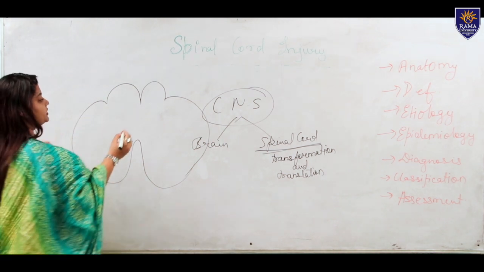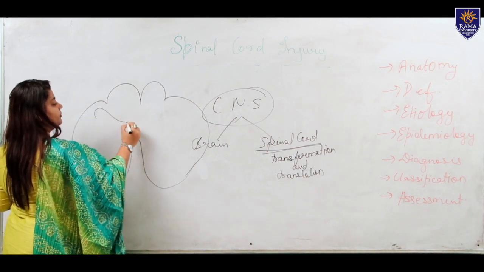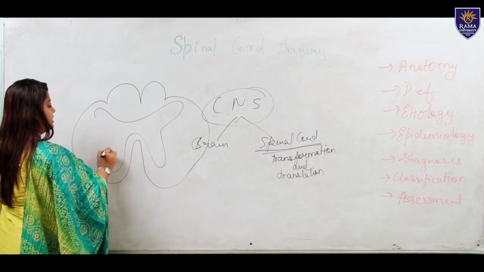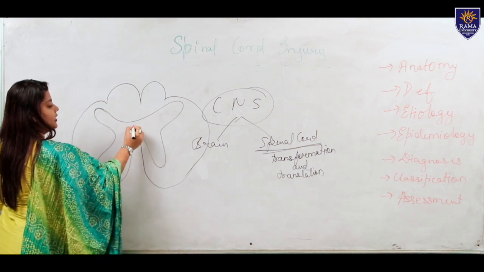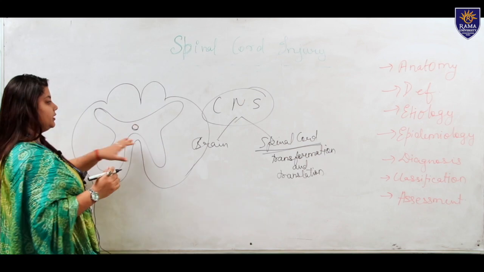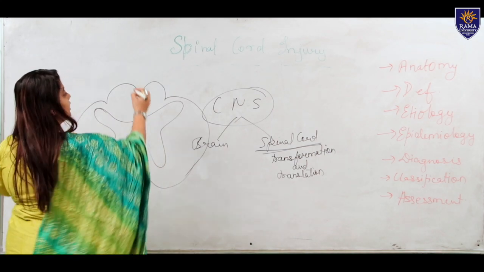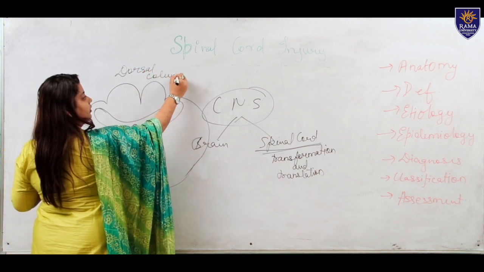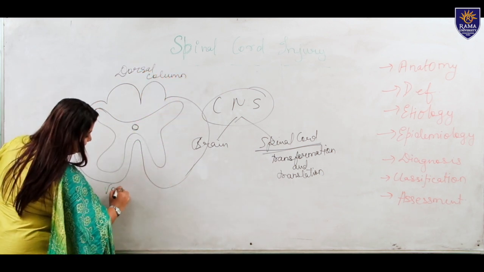the anatomical structure. When we see the anatomical structure in detail, we can see that there is a very prominent dorsal column and ventral column.